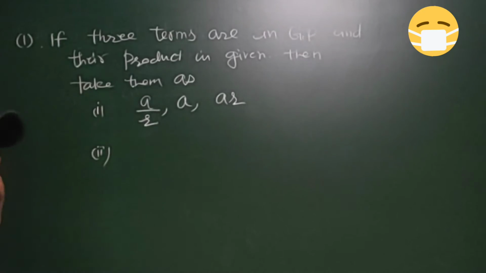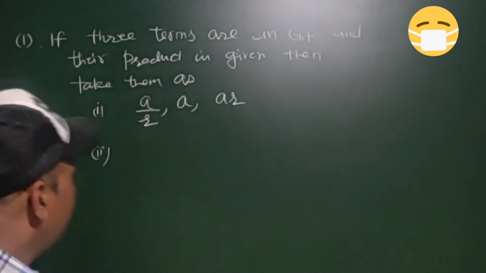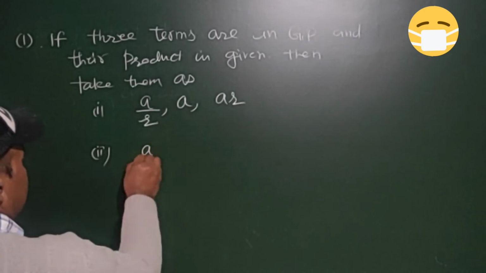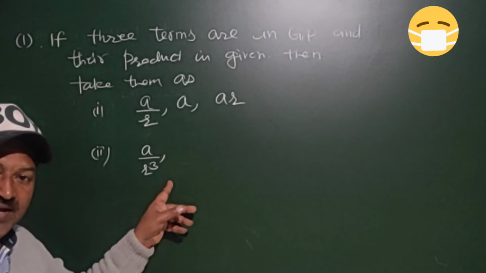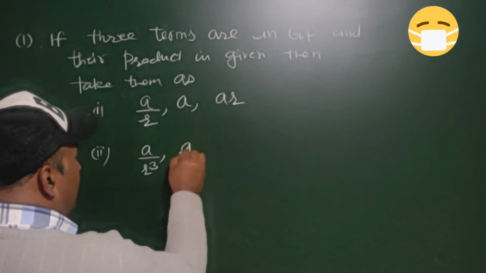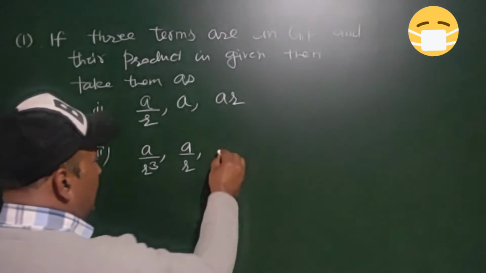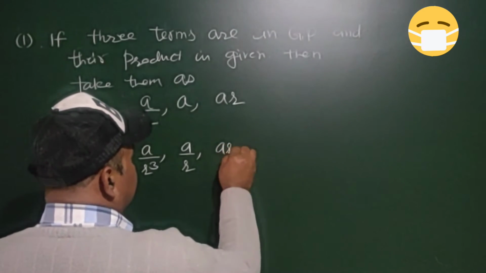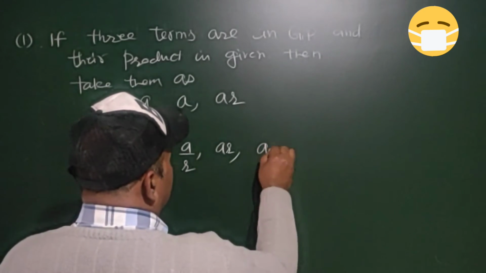If four terms are in GP and in the question their product is given, then take them as: first is A upon R cube, multiplied by R square, we get A upon R, multiplied by again R square, we get A into R, and multiplied again by R square, we get A into R cube.